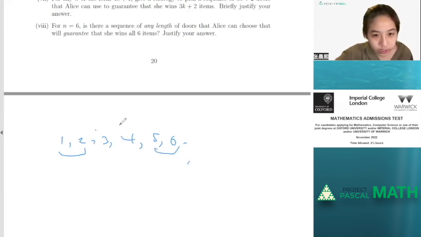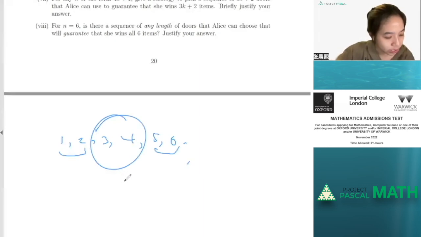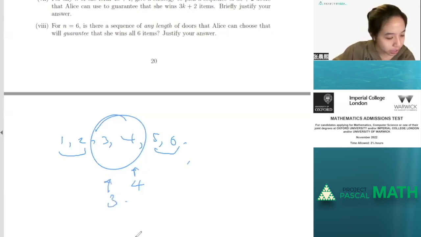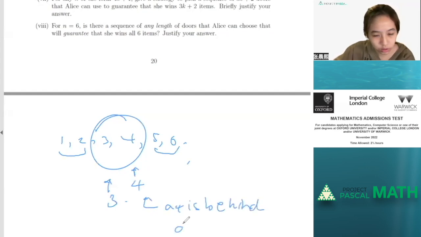And for the times where Elise has picked door 3 and 4, the host can prevent Elise from getting item 4. And then same thing when Elise tries to pick item 4, the host can prevent Elise from picking item 3. So basically the host can always guarantee that A4 is behind the door that Elise doesn't pick.